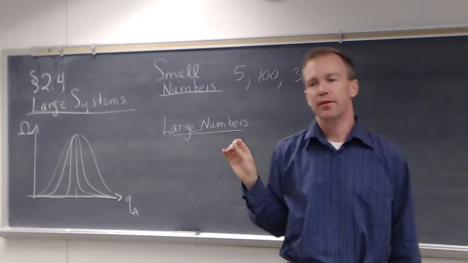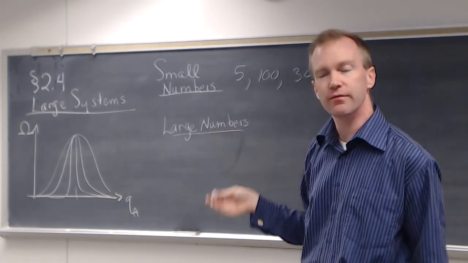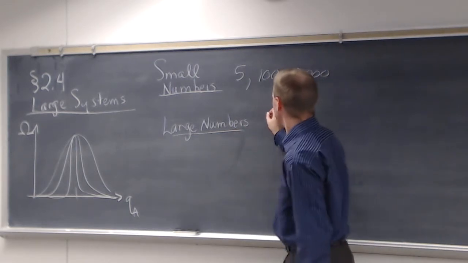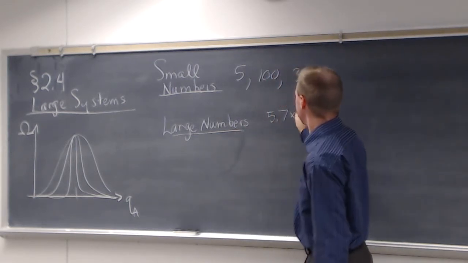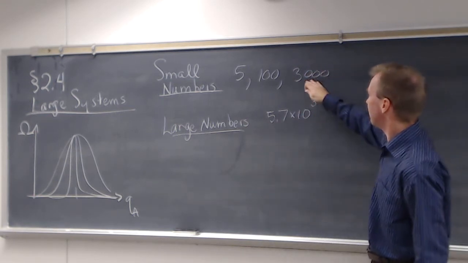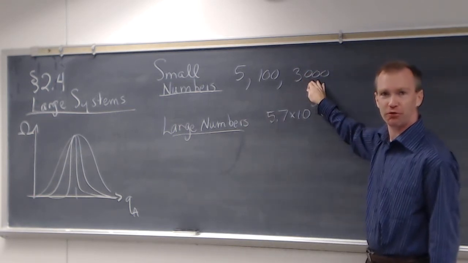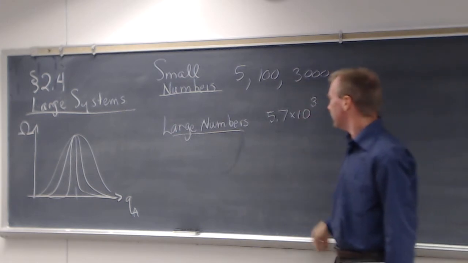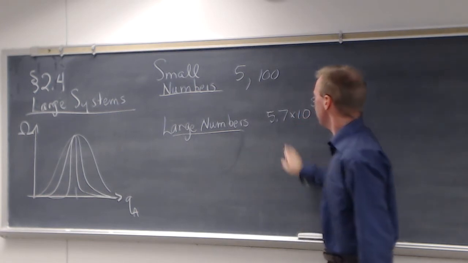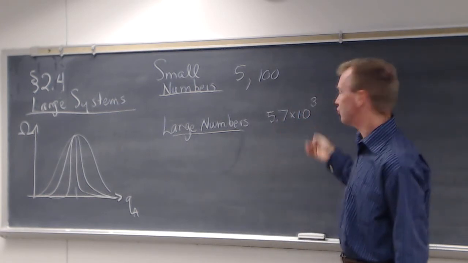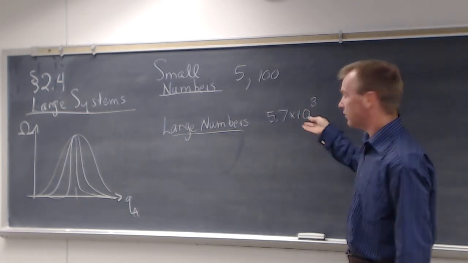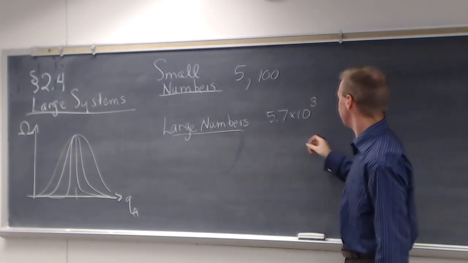But large numbers, these are numbers that we would more conveniently write with exponential notation. So 5.7 times 10 to the third power. Now, of course, I've really made a bit of an overlap here. I wrote 3,000 up there as a small number, and maybe that's stretching a bit much. But once we need to start writing numbers in exponential notation, now we're dealing with large numbers.